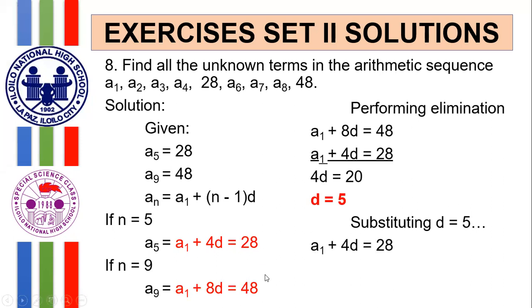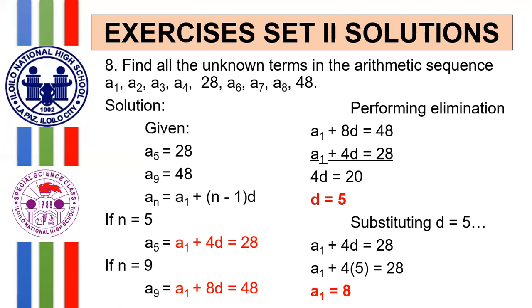I chose to substitute it on the first equation. That's a sub 1 plus 4d equals 28. So d is 5, so a sub 1 plus 4 times 5 equals 28. 4 times 5 is 20. And you have 28 minus 20 as the value of a sub 1. Hence, a sub 1 is 8.